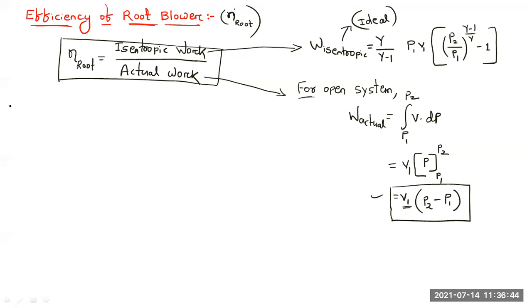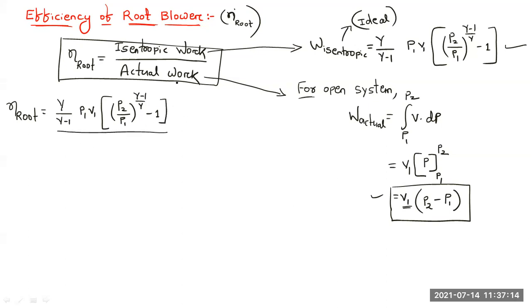Okay. So overall, the root blower efficiency, what have we got? Isentropic work. The formula is gamma by gamma minus 1, P1 V1, whole into (P2 by P1 to the power gamma minus 1 by gamma, minus 1), whole divided by the actual work, which is V1 into (P2 minus P1).